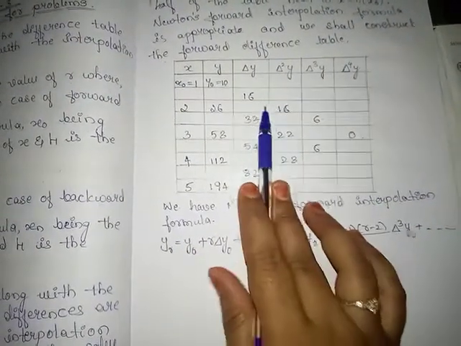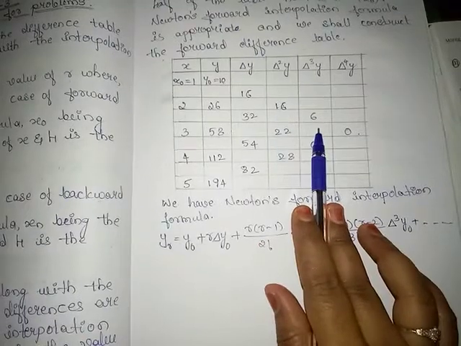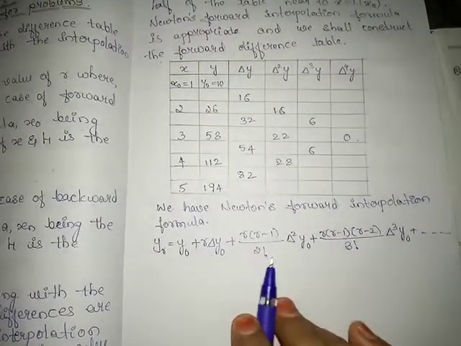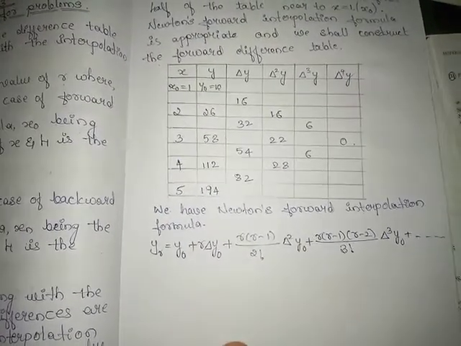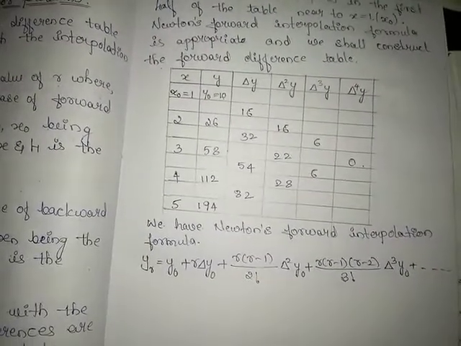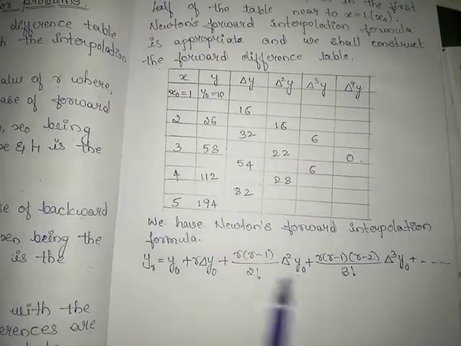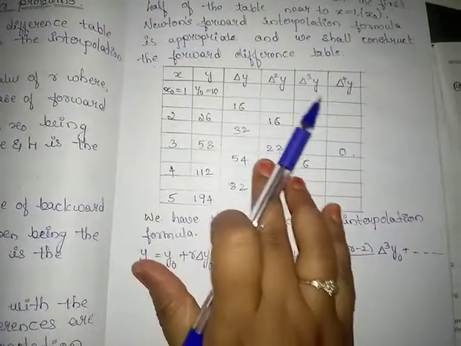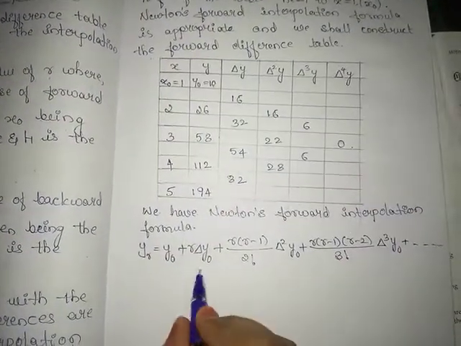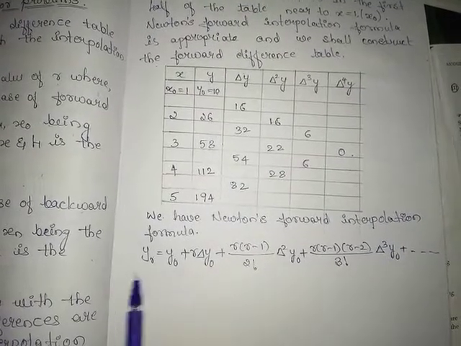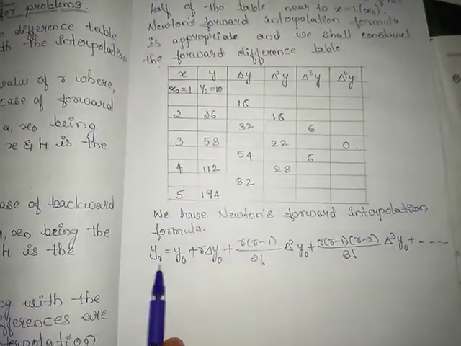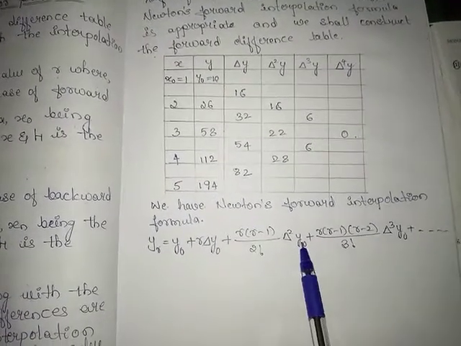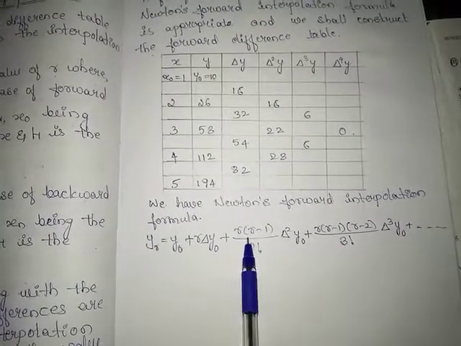These are the delta y0, delta square y0, delta cube y0, delta raised to 4 y0 terms. If you don't know these, just go through the previous first lecture. You will come to know what these are and where these terms lie in the difference table. Now, to calculate y at 1.4, we know the values of y0, delta y0, delta square y0, delta cube y0, but we don't know the value of r.